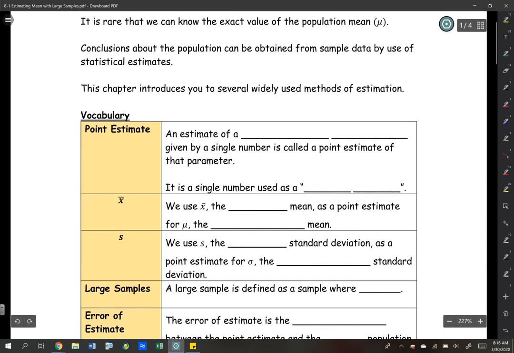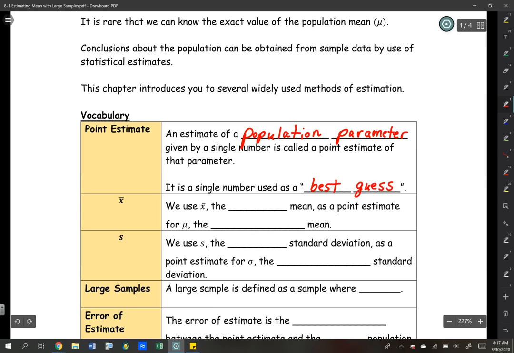So let's take a look at some vocabulary. An estimate of a population parameter given by a single number is what we call a point estimate. It is a single number used as a best guess.